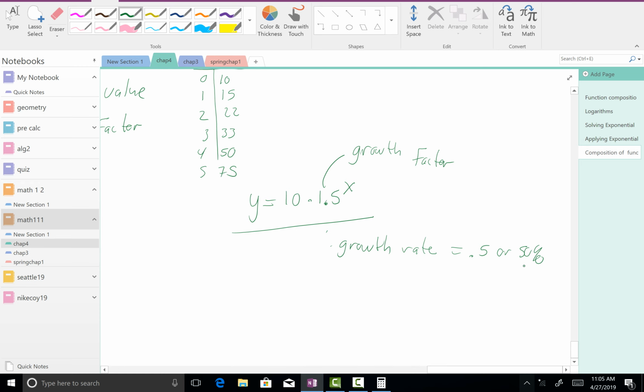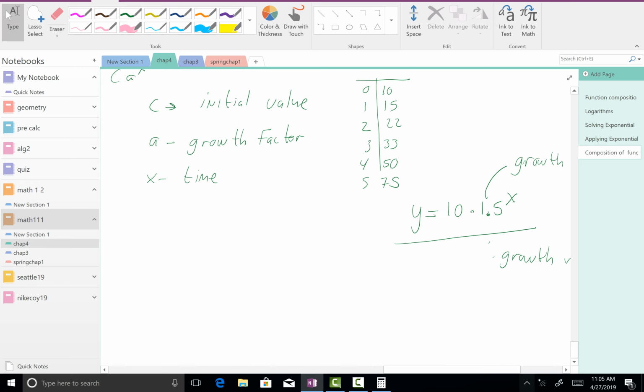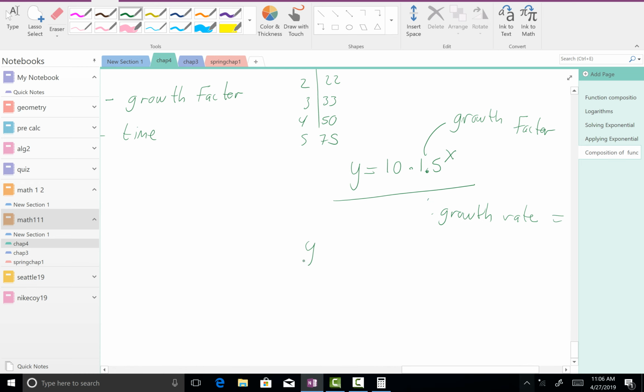So most of the time I've seen exponential equations written as y equals a times b to the x. This is a very common form where a is the initial value and b is equal to the growth factor, but it's also equal to 1 plus the growth rate.